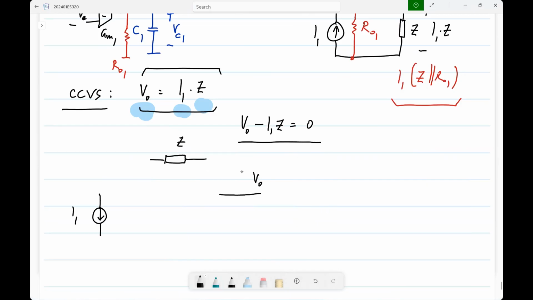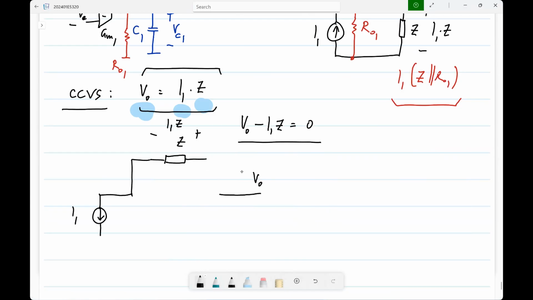What should I do? First of all, I1Z means this current I1 must be flowing through Z, right? And then we'll have I1Z there.